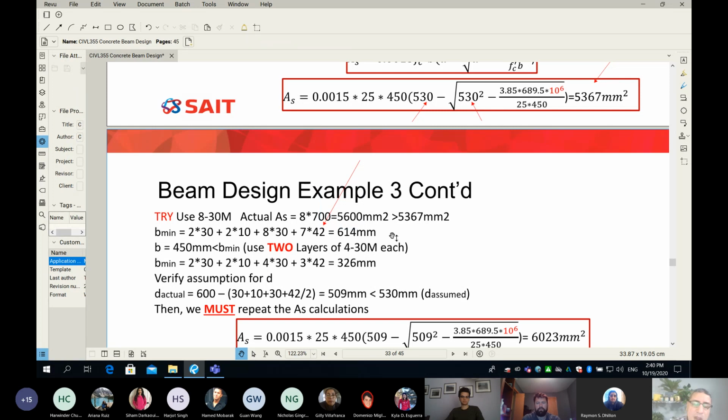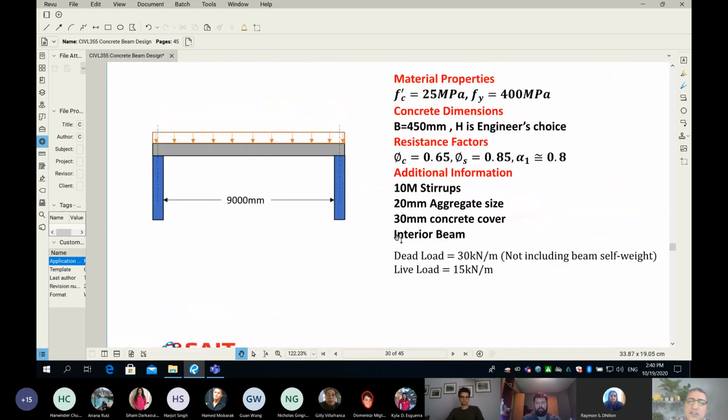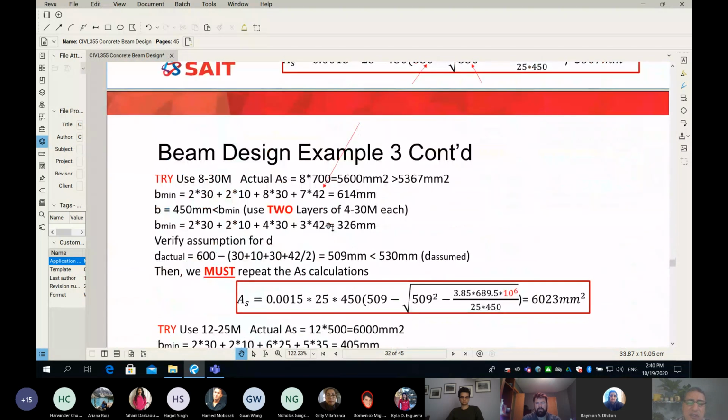What does it mean? It means, and remember, my beam, if you go back, my beam is only 450. So the answer is very clear. No, you cannot place the 8 bars side by side on a 450 millimeter beam. So it means I need 2 layers, because simply your beam width is less than B minimum.